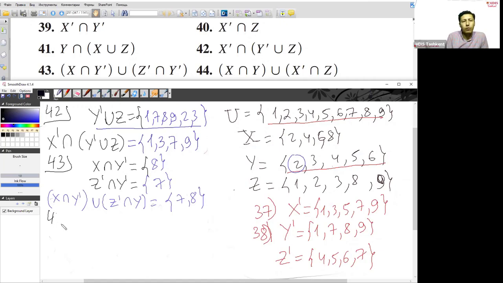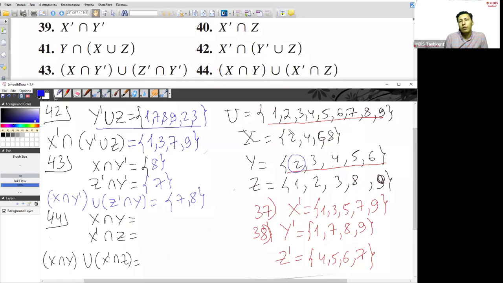So 44. Next, we have x intersection with y, and we have to find x complement intersection with z. Then we have to unite them. So first one, x with y. Here x, here y.